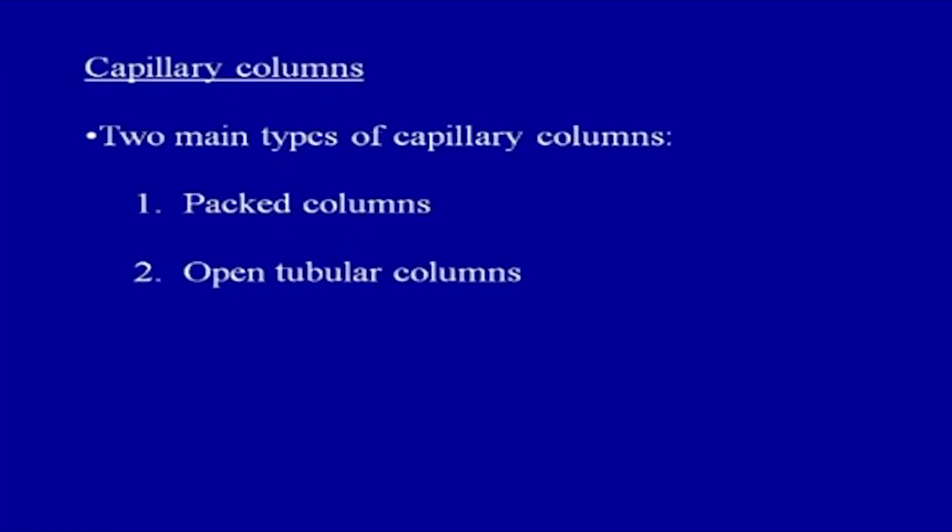So, packed columns are very commonly used, but then there are capillary columns, and capillary columns are different from packed columns. They have an internal diameter of say 1 millimeter or less, so they are very narrow bore compared to packed columns.